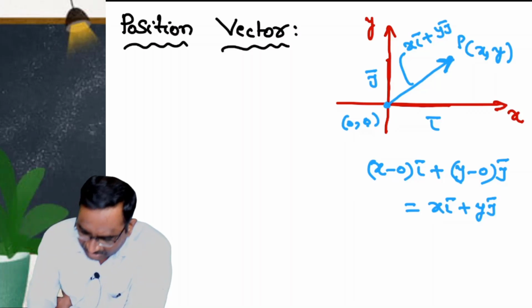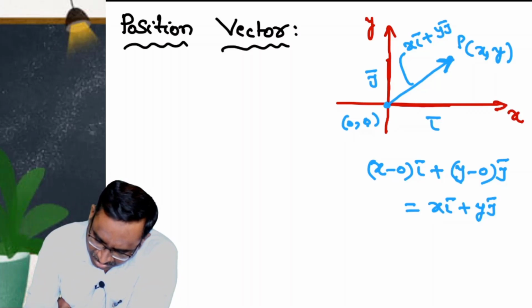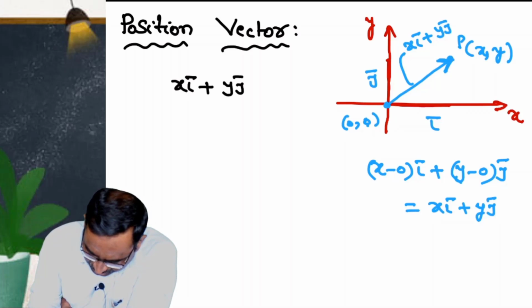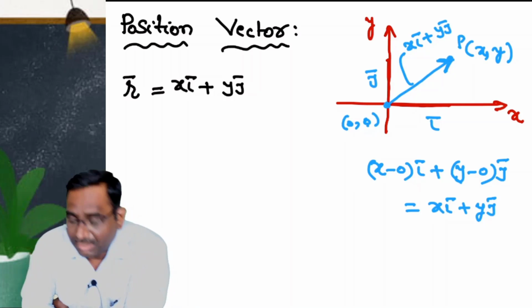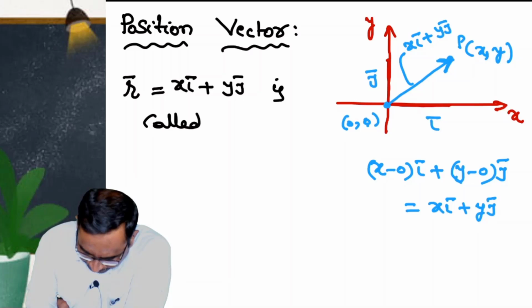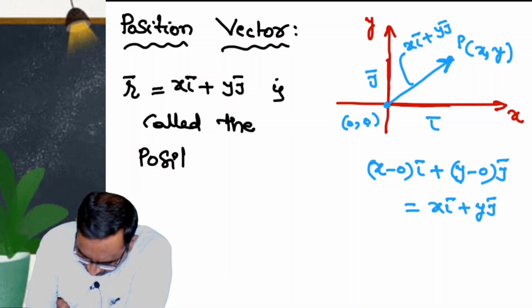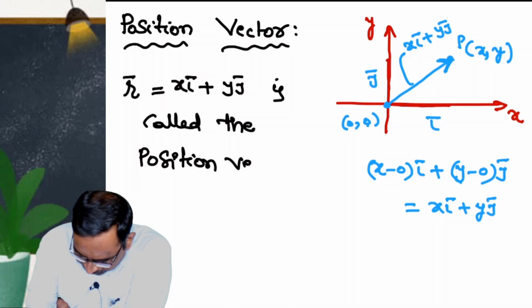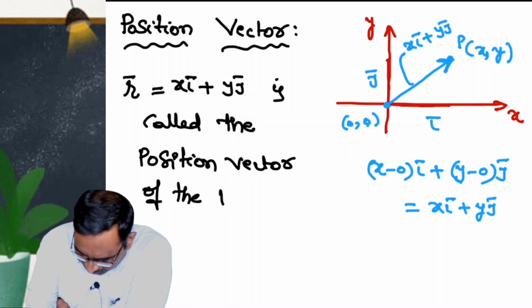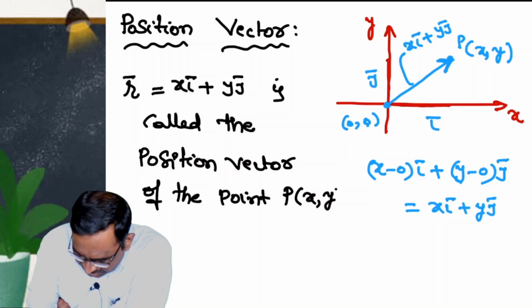So this vector x i bar plus y j bar, denoted by r bar, is called the position vector of the point P (x, y).